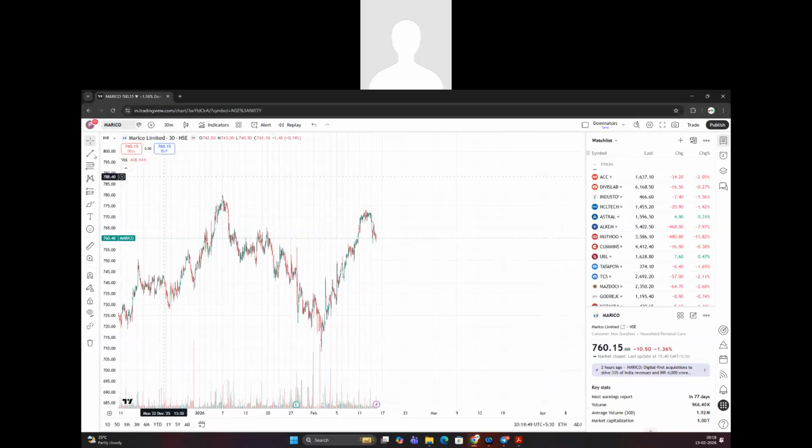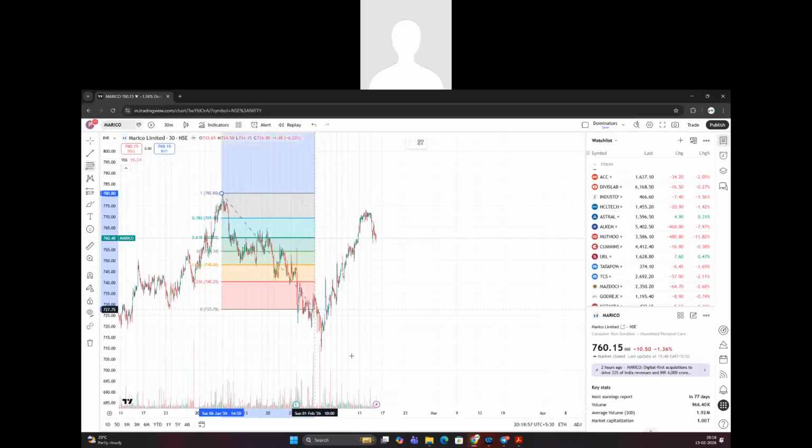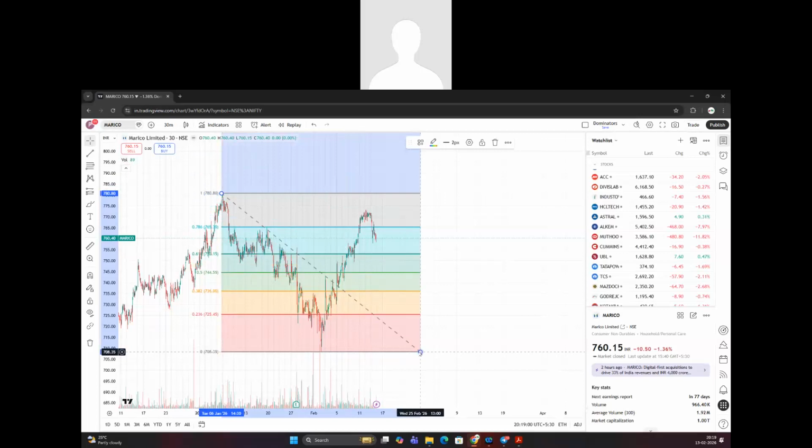Select this tool, Fibonacci retracement, place at the high, pull at the low. You will be able to draw this. Any doubt?